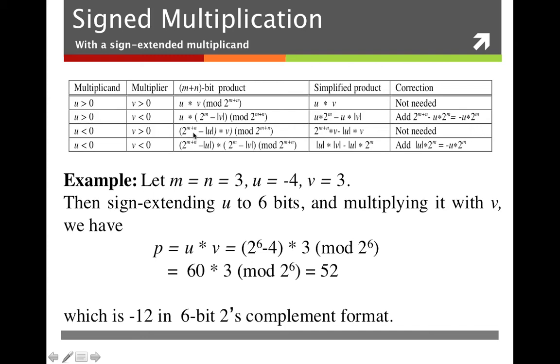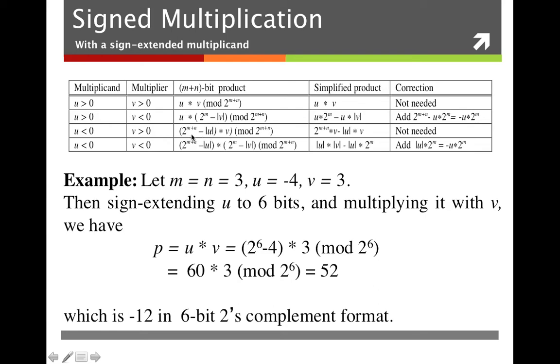When we multiply this by v, we're supposed to get, in the end, basically the absolute value of u times v. Now we get 2 to the m plus n times v minus the absolute value of u times v.